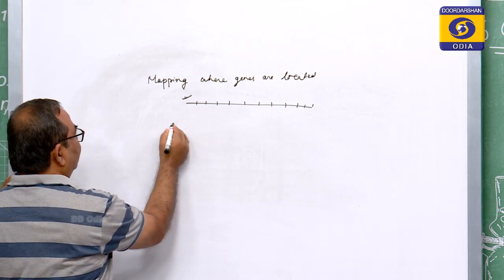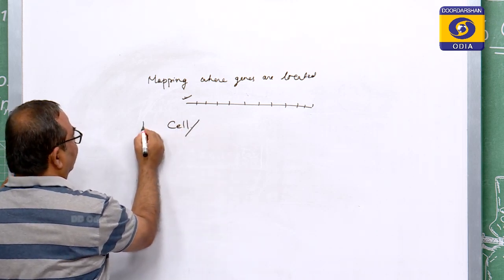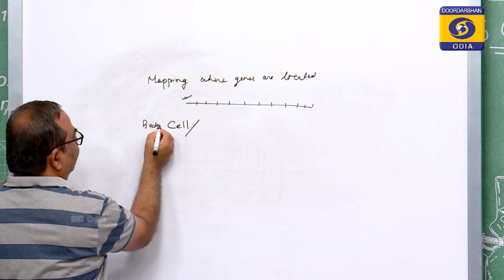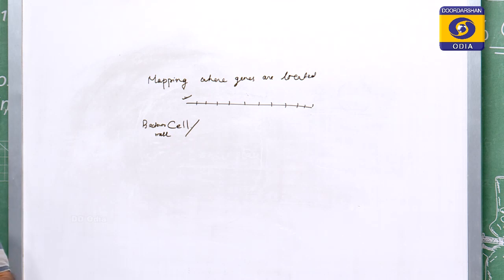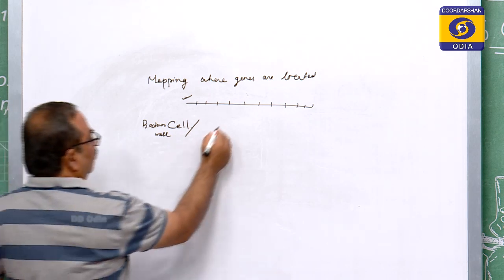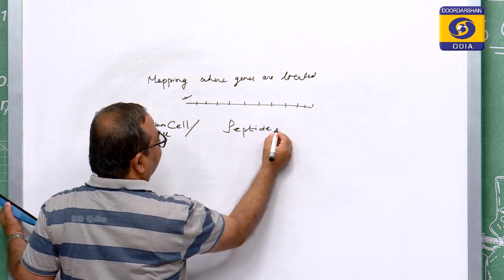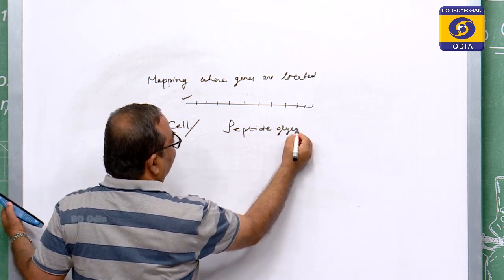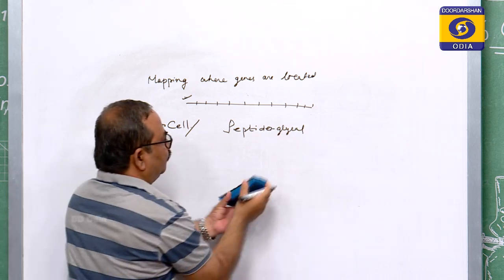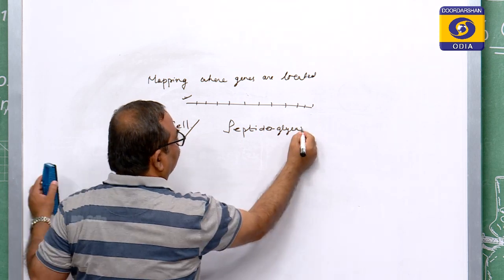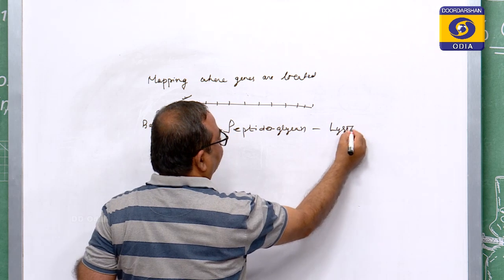We shall first treat the cell. Suppose we take a bacterial cell. The bacterial cell has a cell wall made up of peptidoglycan. So we have to first digest the bacterial wall, which is made of peptidoglycan, and for this we have to treat it with lysozyme.